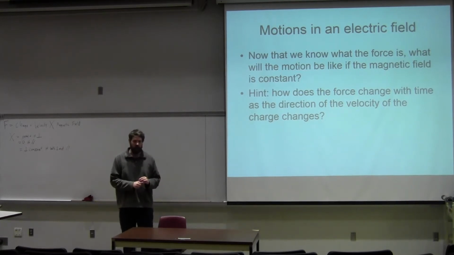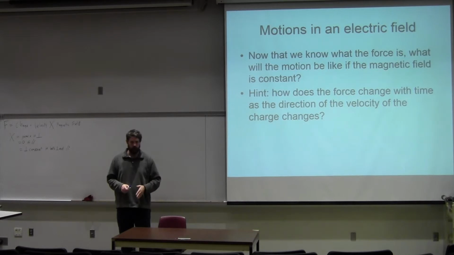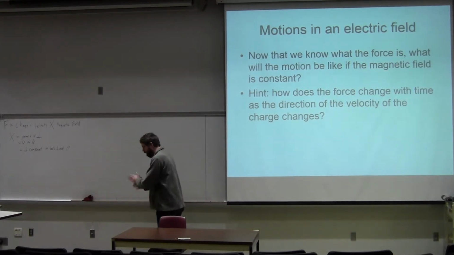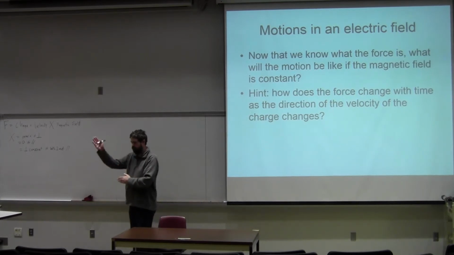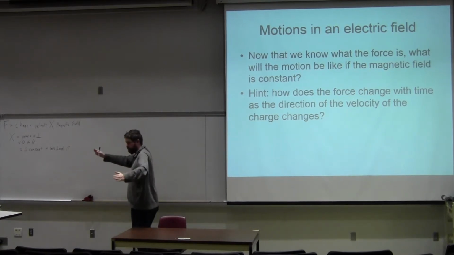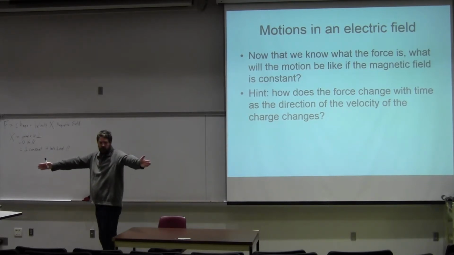Now, unlike the gravity scenario, where the force is always downwards, the direction of my force is going to change. Because now that I'm going from this way to this way, my force is always perpendicular to the direction of motion. So my force goes from being this way, as I rotate, to being this way.